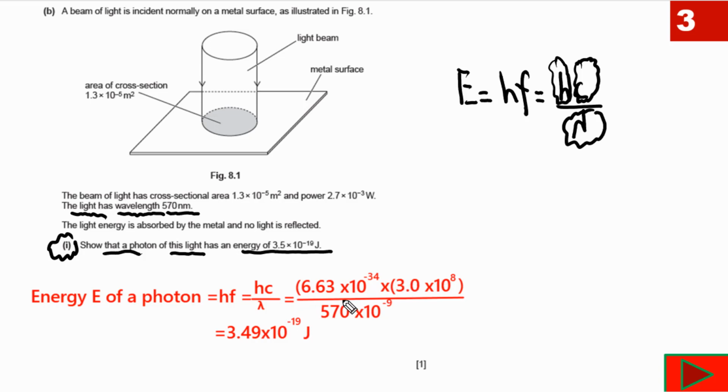Here is the value of the wavelength of light, and here is the energy of the photon in joules. You have to be a little careful about this because the wavelength is given in nanometers, so we have to convert it into meters. If we convert into meters, our final answer will be in joules.